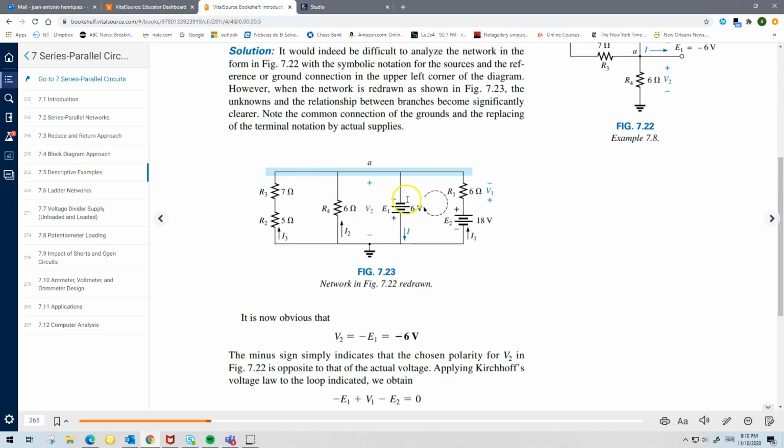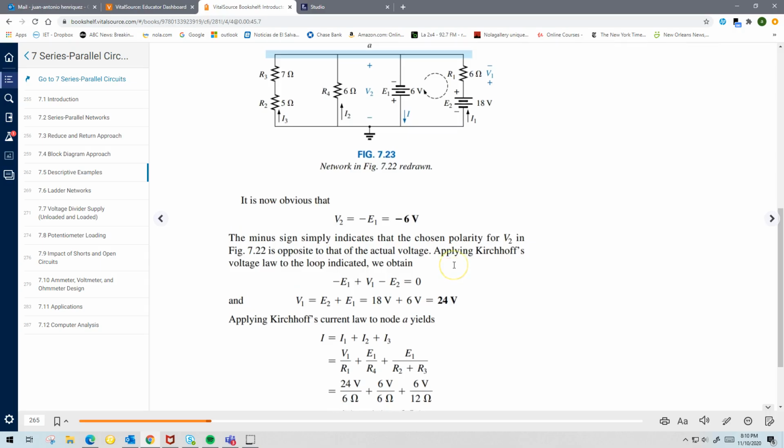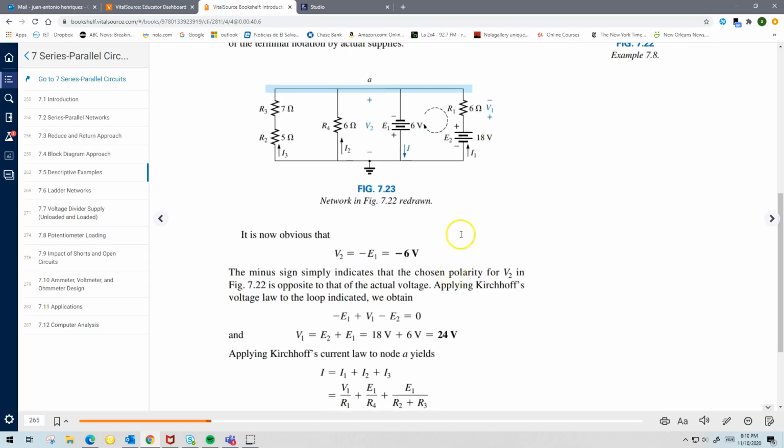So now, if you know this voltage, and if you know this voltage, you can use KVL to find V1, right? You do a little KVL around this loop. If you remember, in a KVL you set the sum of the voltage rises equal to the sum of the voltage drops, right?